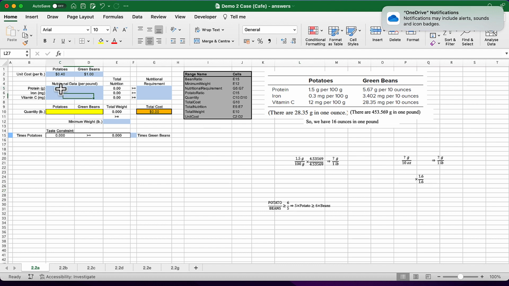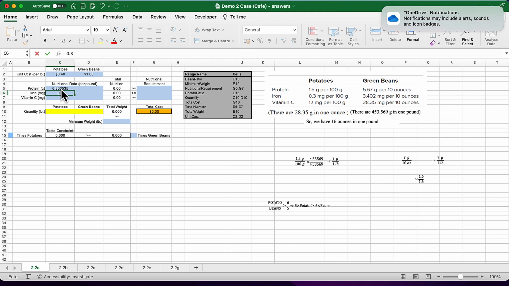So in this case, what I'm going to do is simply just multiply 4.53569 by 1.5. All right, we're going to do the same thing for the rest of the other nutrition or the benefit generated by 1 pound of potato.